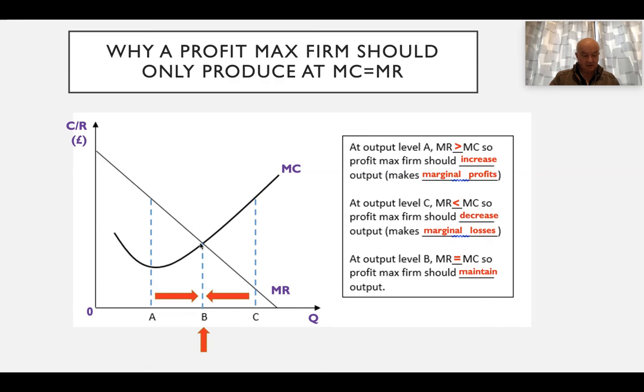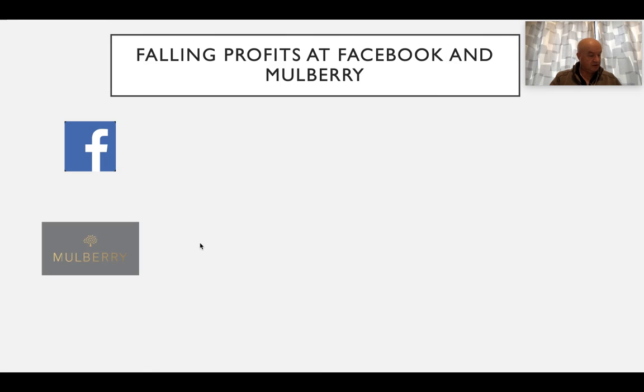Now, the next thing I'd like you to do is to take a look at the two articles that are included on page 60. Okay, so relatively short articles there. One talking about Facebook and one talking about Mulberry. And in these instances, there are some issues around those two organisations, and both have had profit falls.